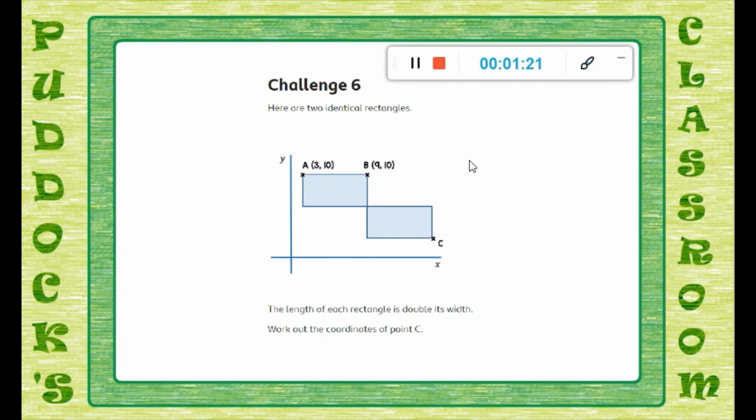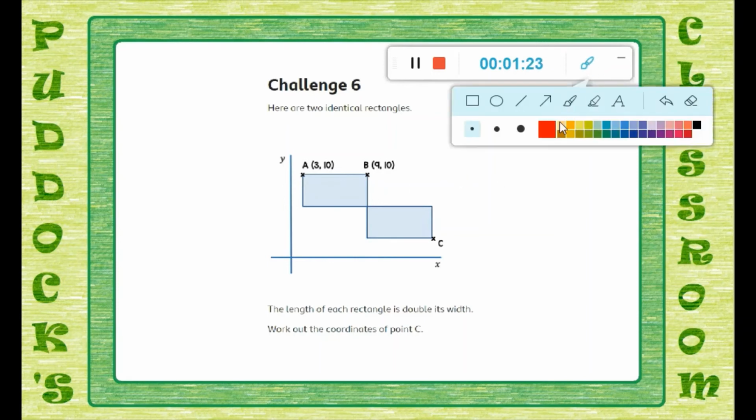So I would say to myself that if I want to work out that, I would be doing 9 take away 3 equals, and that equals 6. So we know that the length from here to here is 6, which means that this must also be 6.